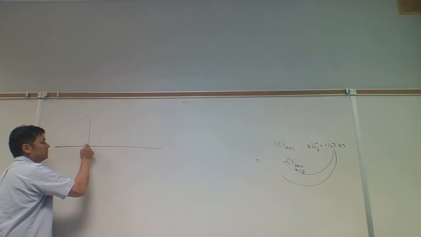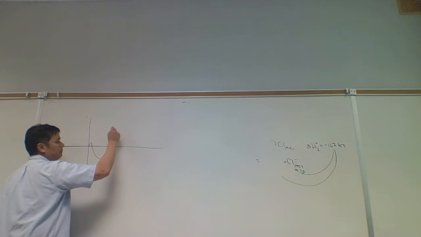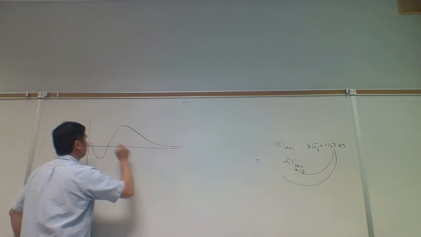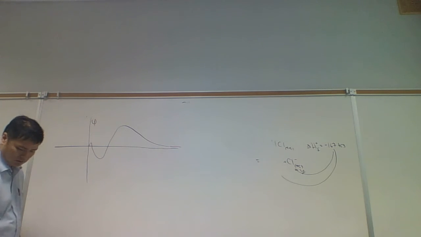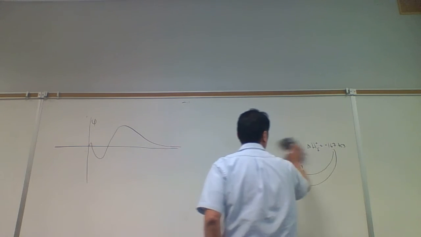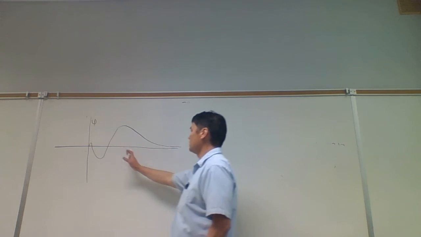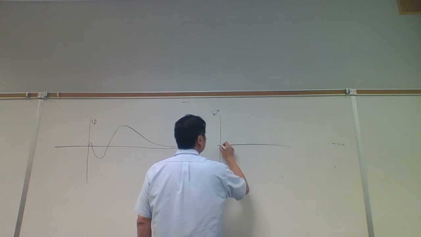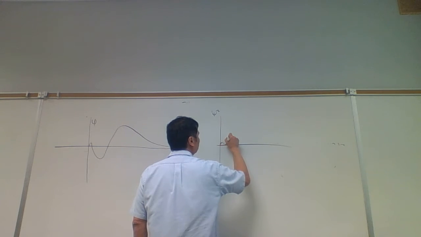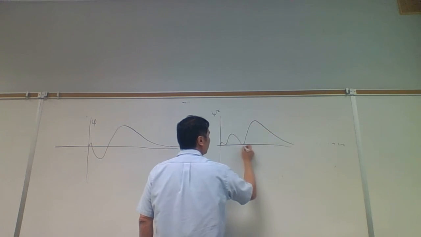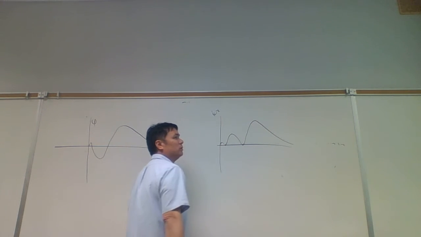The 3S starts off like this. A higher energy orbital is going to have a higher probability that the electron's further from the nucleus. That's what we see over here. So when we look at psi squared, this is just looking at one side of it. It's going to look like this, and we have two nodes. That's the 3S.